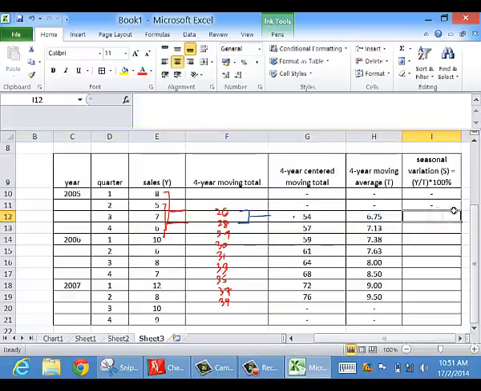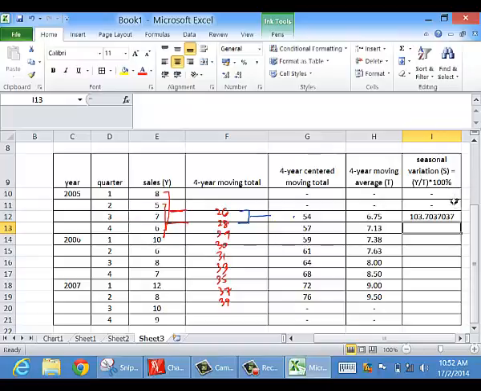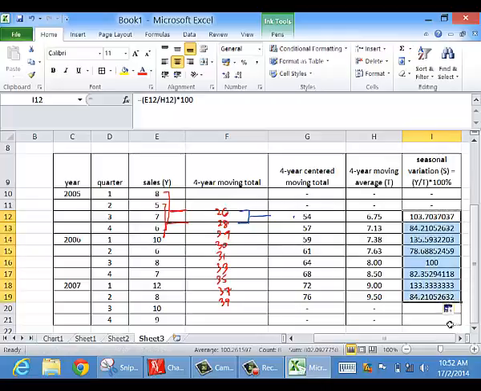So 7 divided by t, 6.675, multiplied with 100%. You get 103.70. This is your seasonal variation.